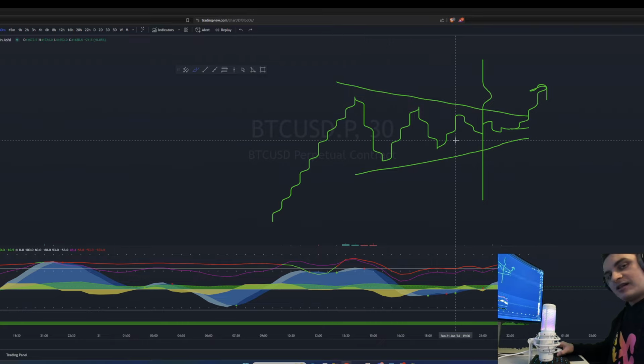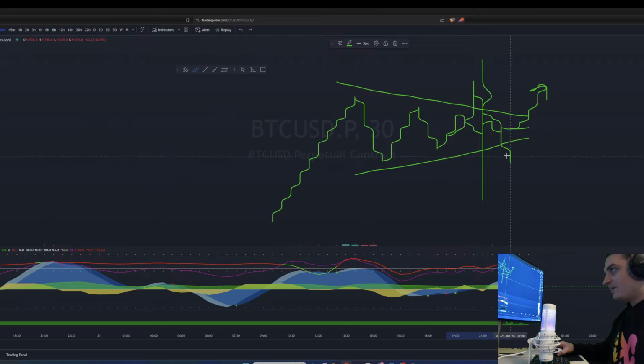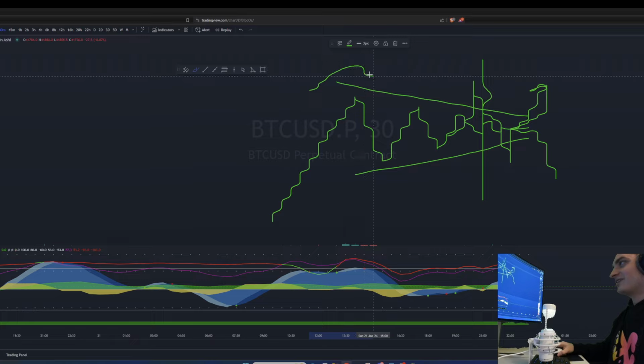But what happens a lot these days with these triangles, and we saw this during the ETF decision, is you'll get a break and then you'll get the flush, and all those longs will get stopped out, and then you'll get the real move. Or it could continue down, and look, you just got a double top.